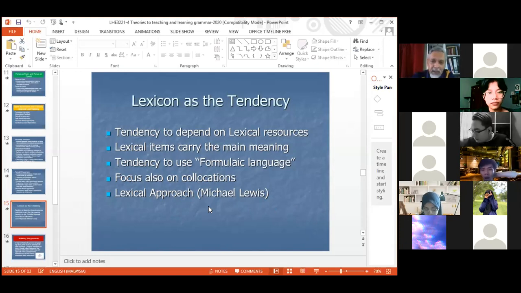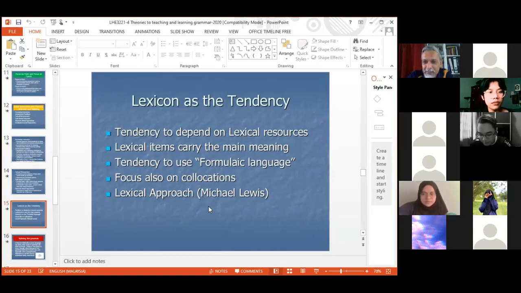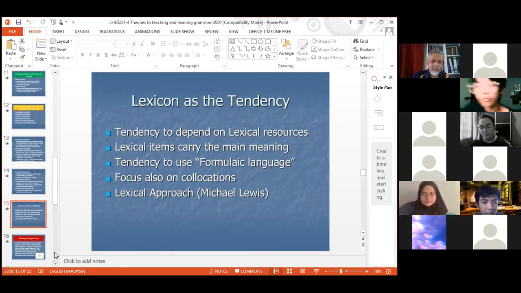Okay, can you hear the rain? Do you hear the rain here? Yes, it's also raining here, a bit. But it's okay. We have thunder here. Hello.